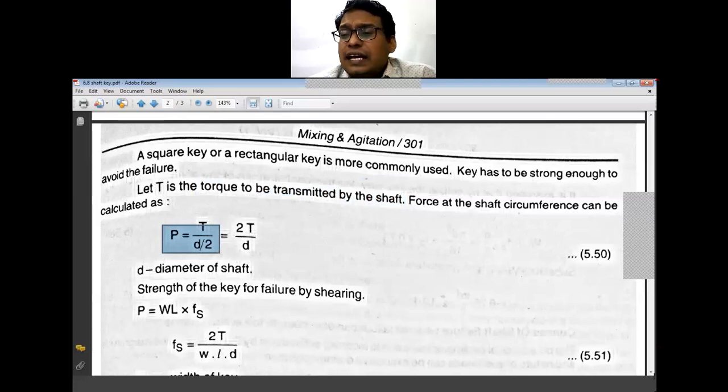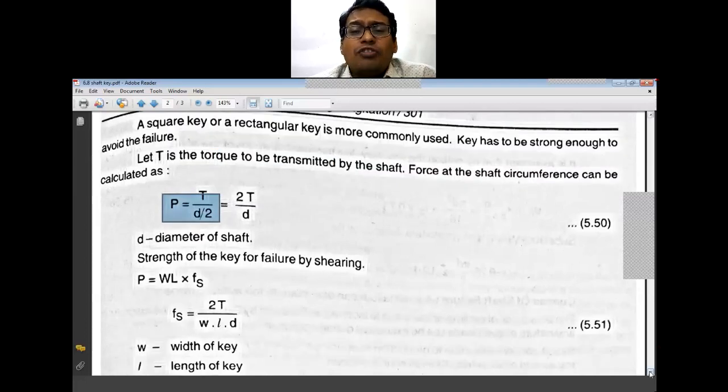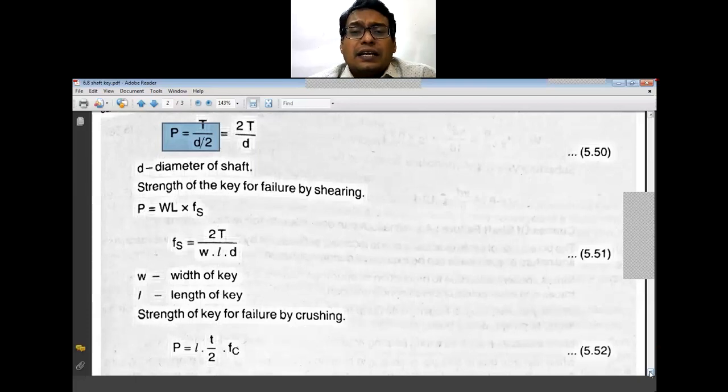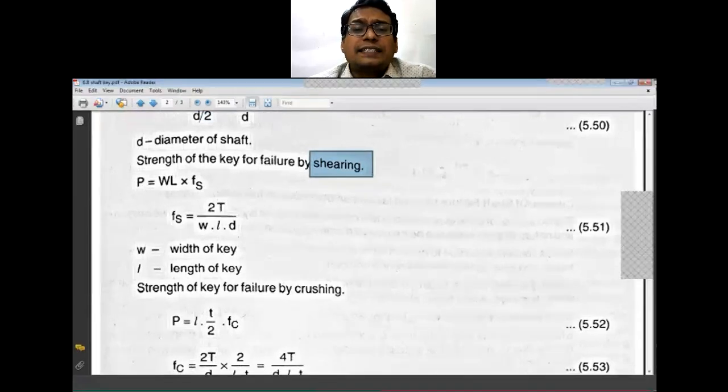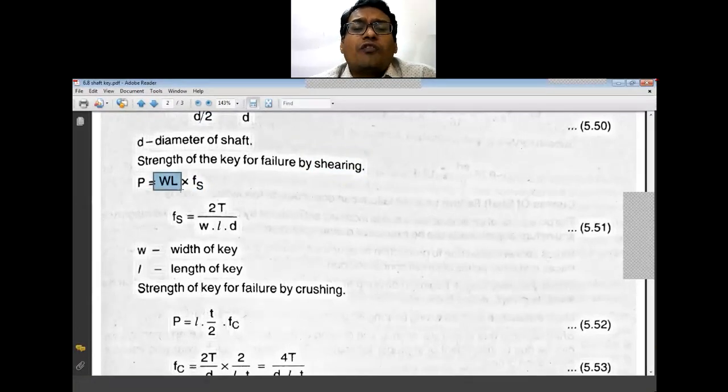Then this will be exerted on the key, and this key will have to face the shearing force or shearing stresses. Fs is your shearing stress, which will be acting on the area of W into L, width into length. So the strength of the key for failure by shearing, P, is equal to W L into Fs.